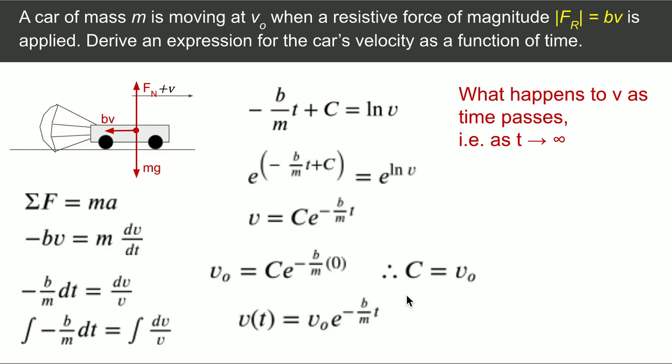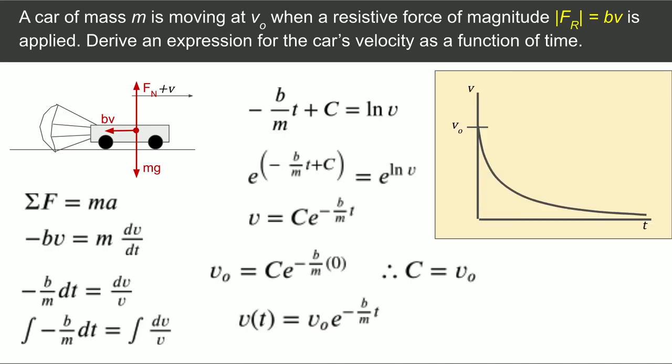That means really 1 over a very large number, meaning that this whole function gets closer and closer to 0. And so if we wanted to graph this to visualize what's happening here, our velocity starts at this initial value, v sub 0, but it exponentially decreases towards 0.